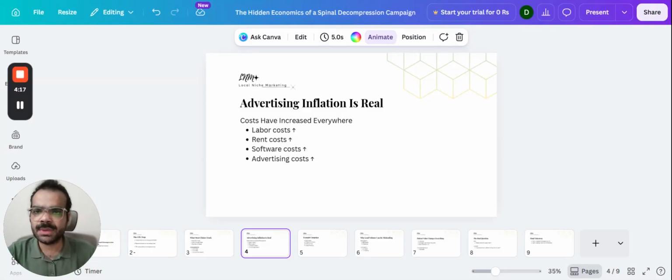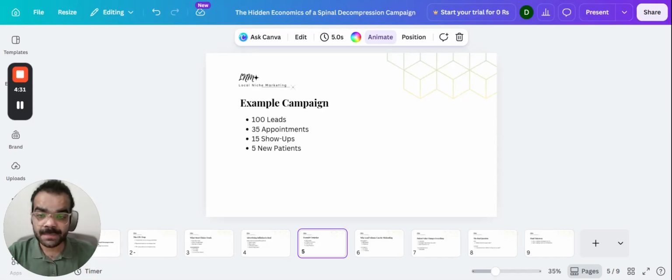That is not possible because this is 2026 or 2027, and you're still finding an agency that can get you a lead at $20. That is not going to happen. You should change your mindset regarding marketing overall, right? And if you don't change your mindset, then you definitely don't have to advertise in front of people.